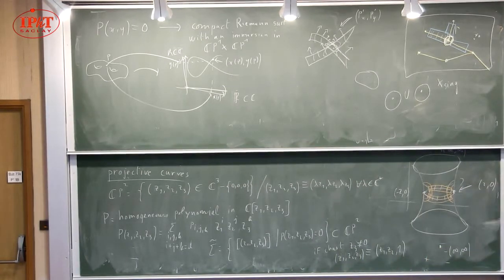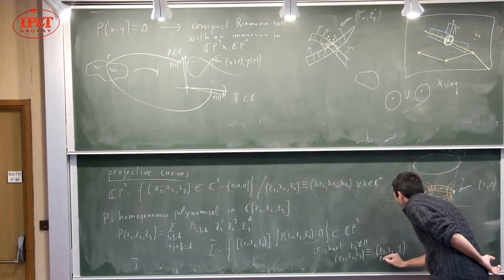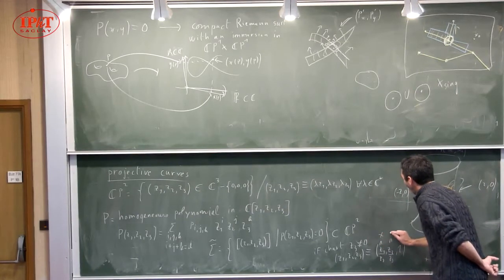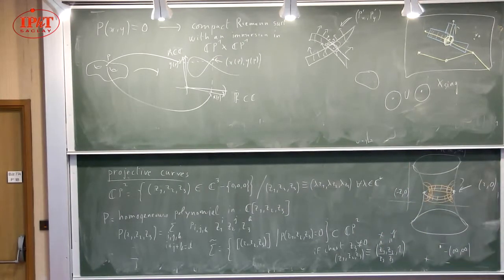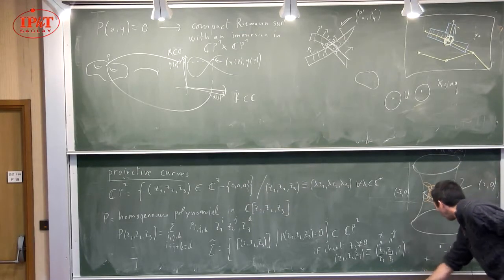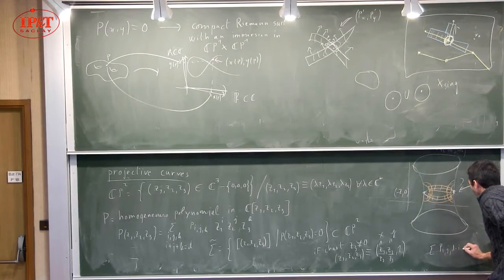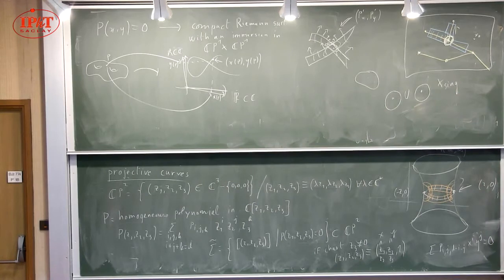Sorry, why not Z1 over Z3, Z2 over Z3? Sorry, yes, you're right. Call that x, call that y. So you are back to a polynomial in x and y. So basically you have the sum of p_ij, d minus i minus j, x^i y^j. So I just need the same thing as before.